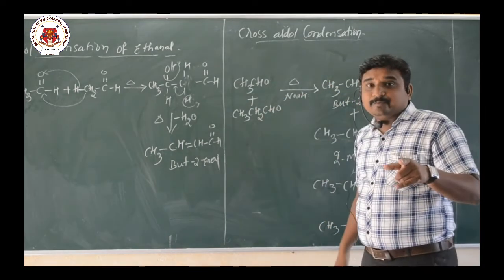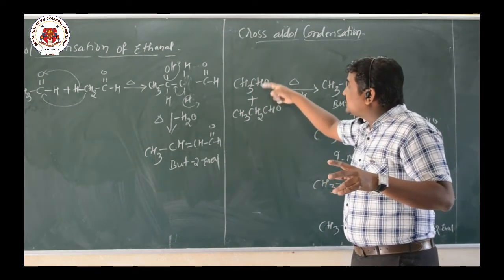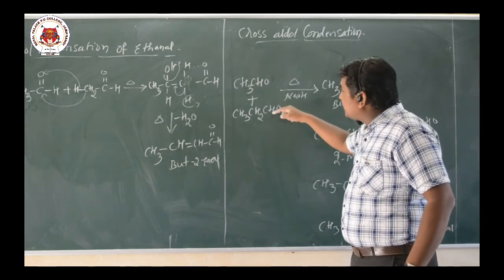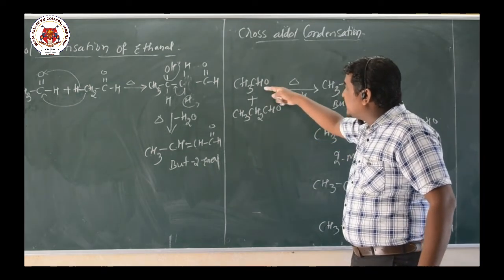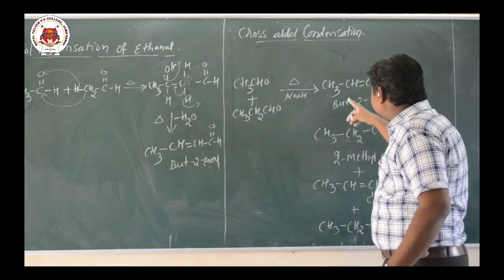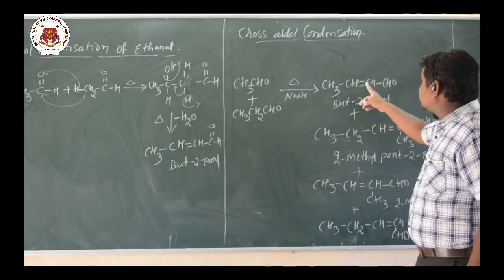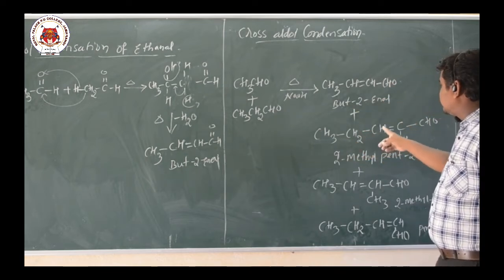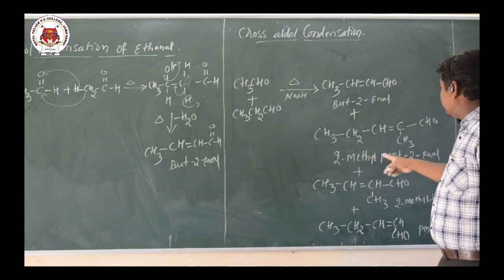If both aldehydes have an alpha hydrogen, if alpha hydrogen is present in both aldehydes, then that will give a mixture of 4 products. So I have written here the products: CH3 CH double bond CH CHO, but 2 enal, and CH3 CH2 CH double bond CH CH3, 2 methyl pentenal, same reaction only.